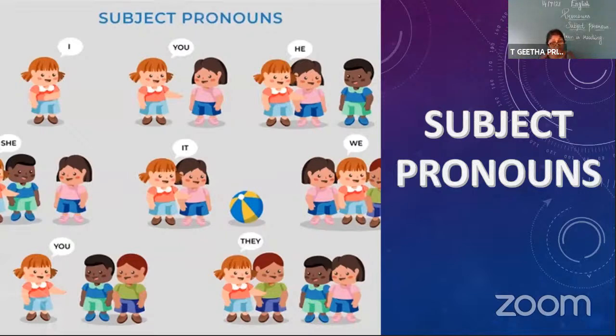Among these pronouns, a few are to be used only for singular naming words, and a few are to be used only for plural naming words. So we'll see what pronouns can be used for singular naming words.